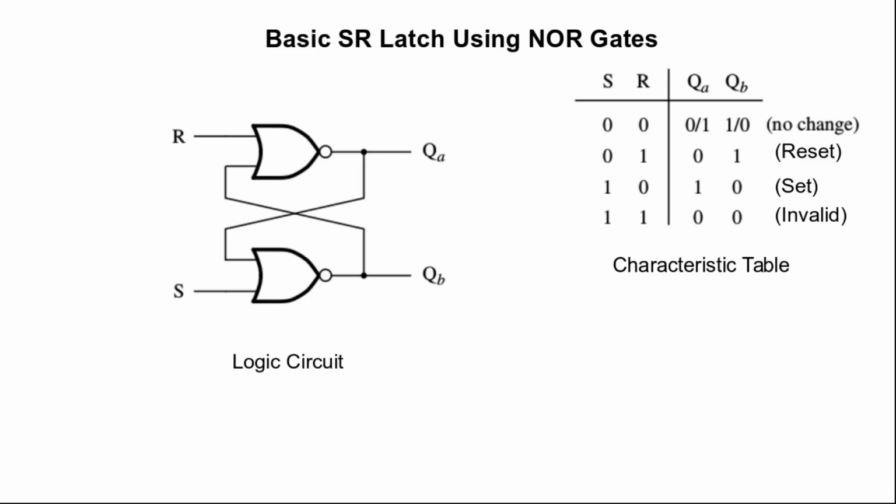So we say that the state of the latch will be indeterminate, and hence this input S equal to 1 and R equal to 1 we should avoid. We call it an invalid input.